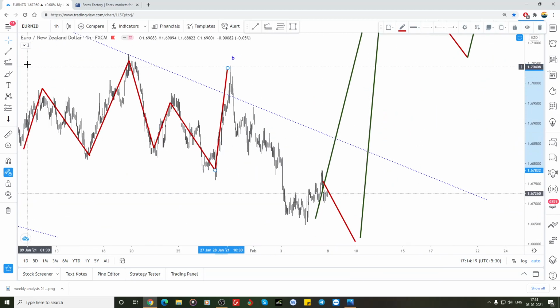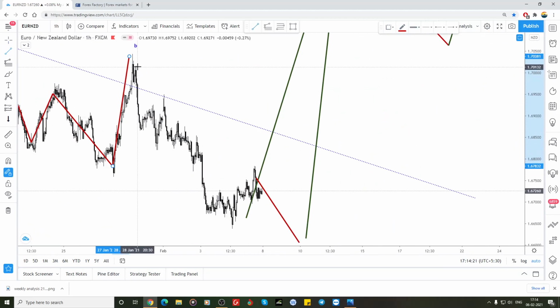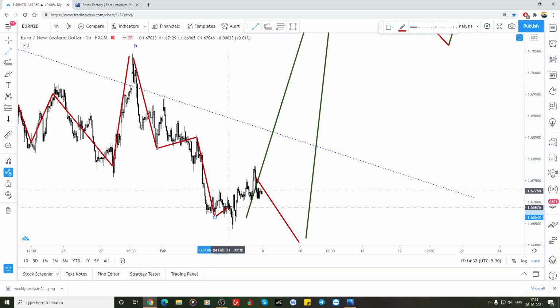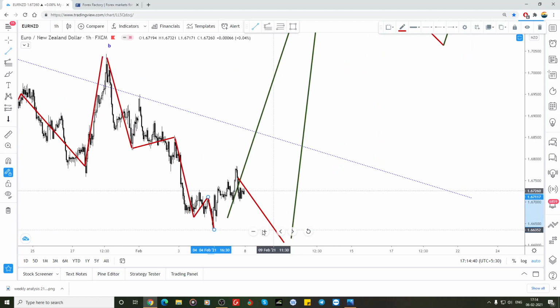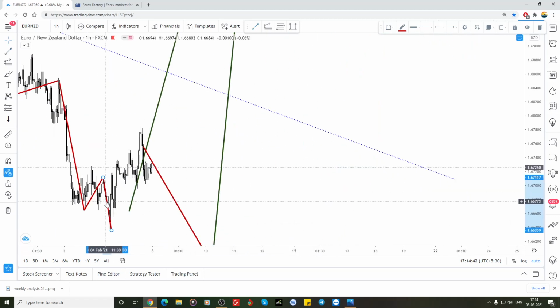It looks like 1 2 3 4 5. Here is a 1, so here is a 2, so 3 ended here, and 4th ended here, and 5th. So it looks like the five-wave structure is over, and here immediately I bought in this zone.